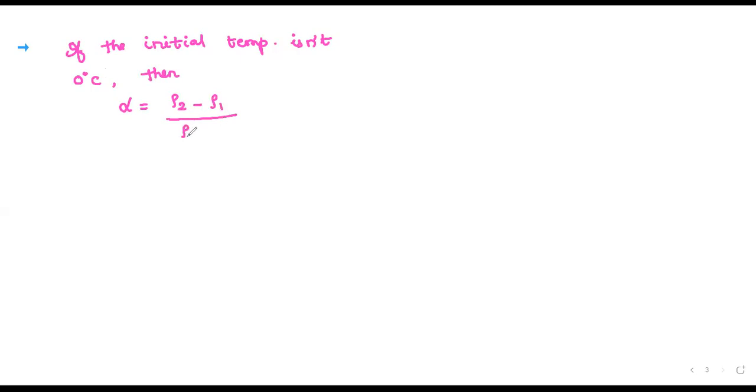So in the next page, what am I going to write? If the initial temperature is not 0 degrees Celsius or 0 Kelvin, anything, then the formula is rho t, meaning rho 2 minus rho naught, meaning rho 1, upon rho naught, meaning rho 1, into delta T, that is T2 minus T1.